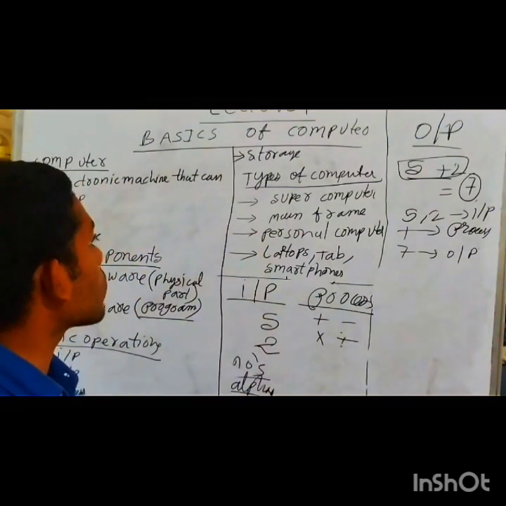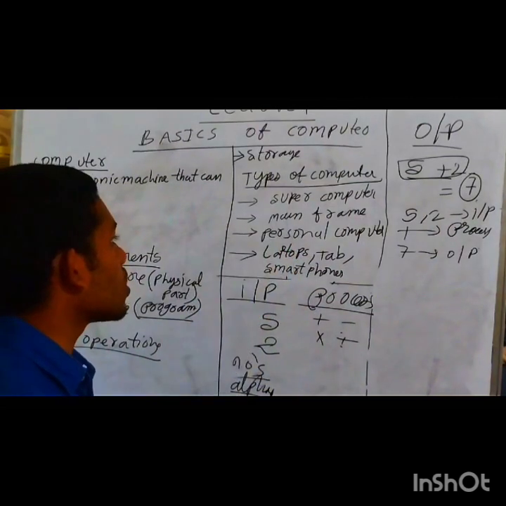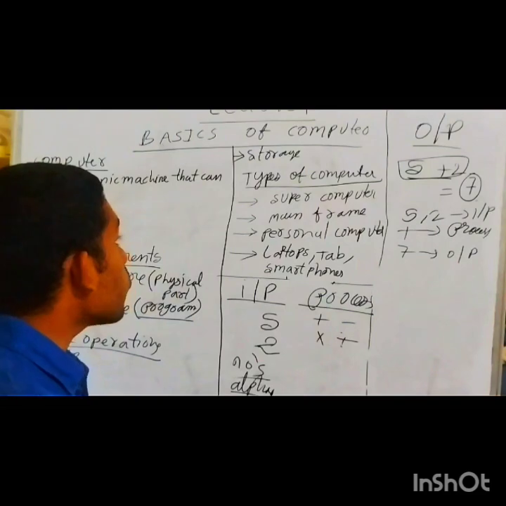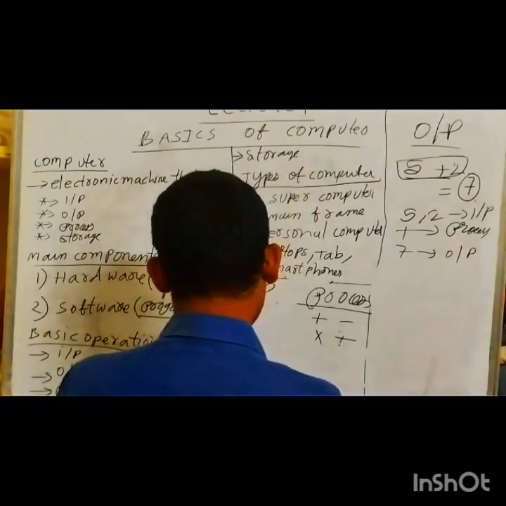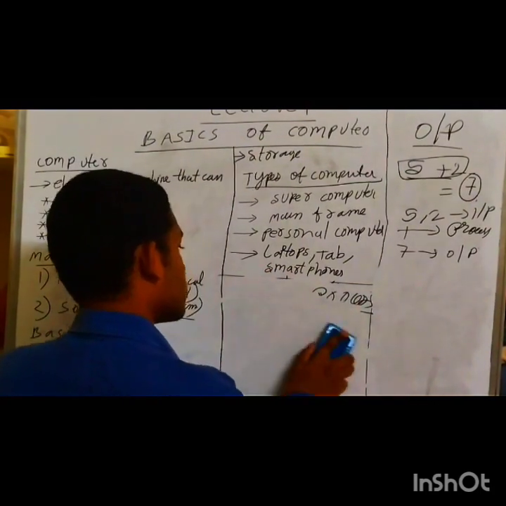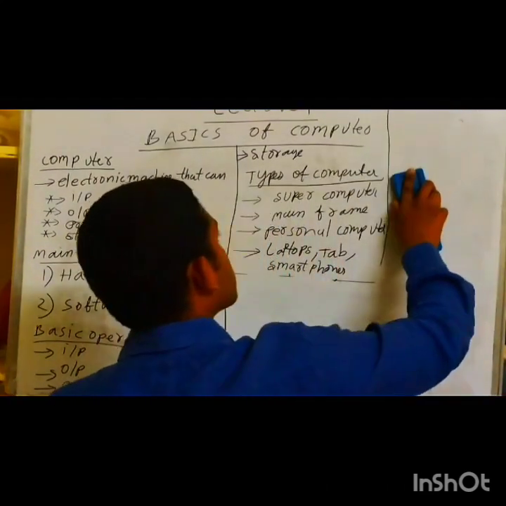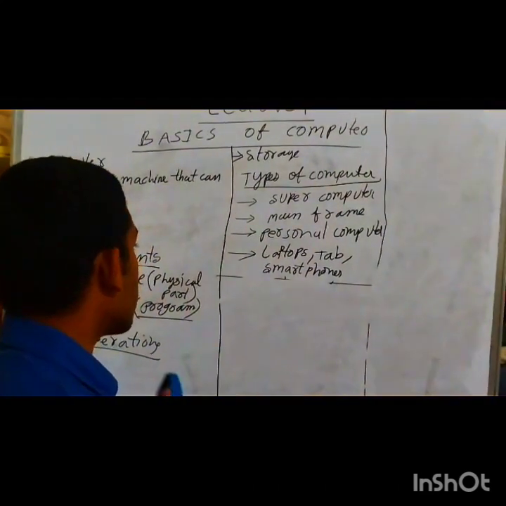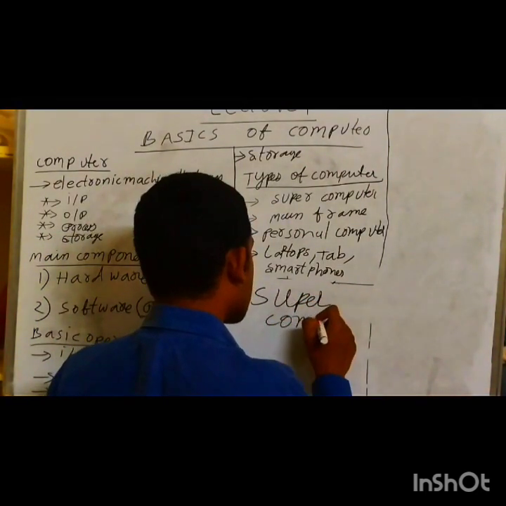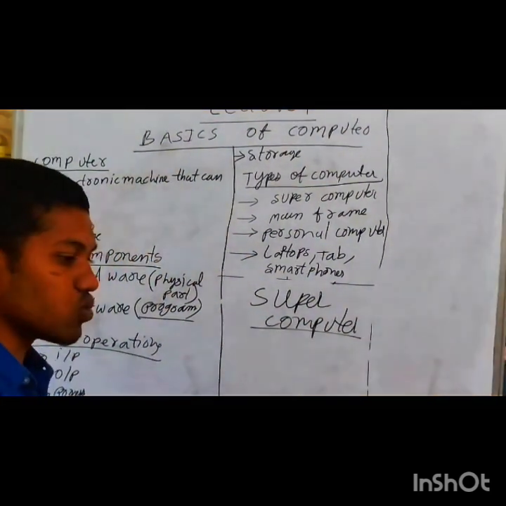Let's discuss types of computer. There are mainly three types of computers: supercomputer and mainframe, personal computer, and laptop, tab and smartphones. First, coming to the supercomputer. Supercomputers we use in colleges, schools and everywhere.